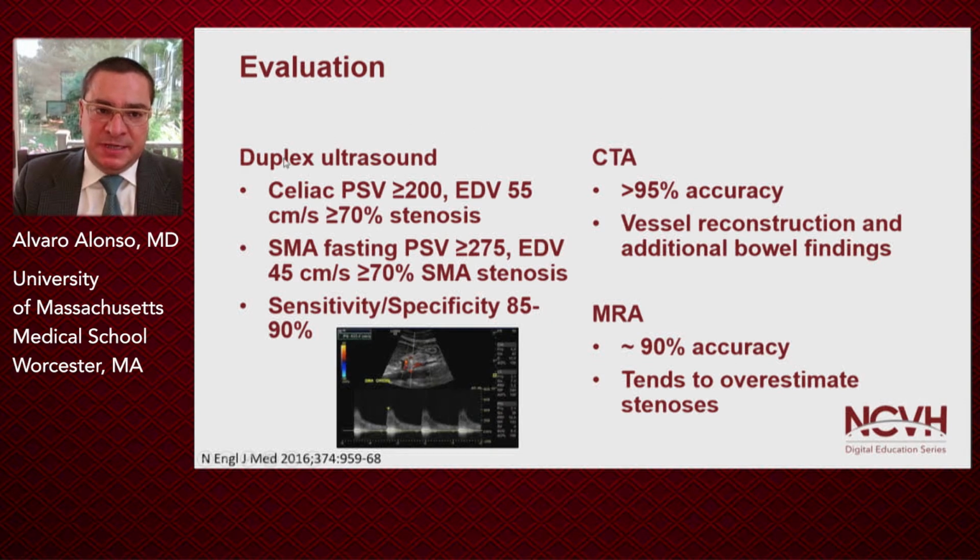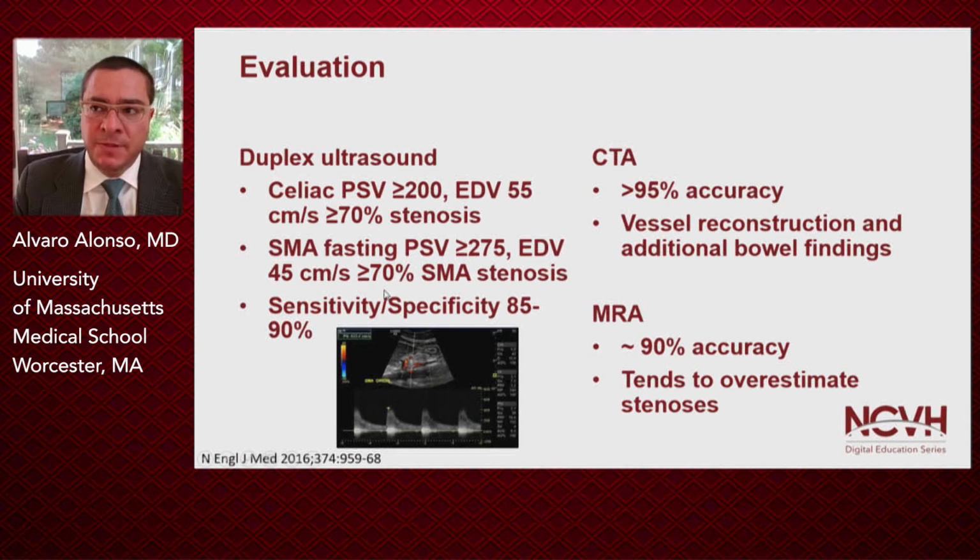You could evaluate these patients with duplex ultrasound, computer tomography, or magnetic resonance angiography. Duplex is a cheap and readily available technique that will allow you to diagnose if the views are adequate.